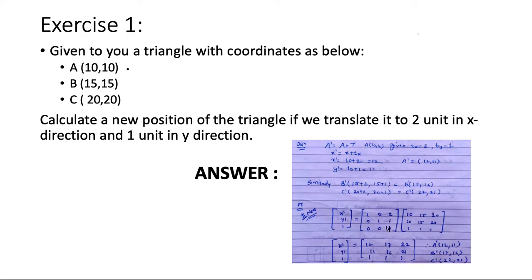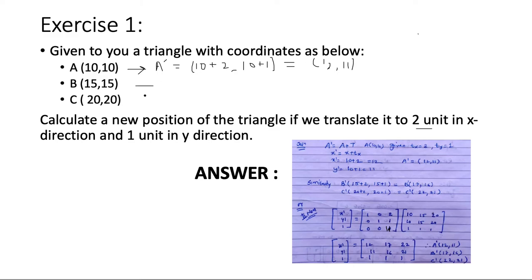So for A, to get A prime, you add the x, which is 10, with 2, because we move 2 units in the x direction, and then 10 for the y plus 1, because it moved 1 unit in the y direction. Hence we get 12, 11 as the new position for A.